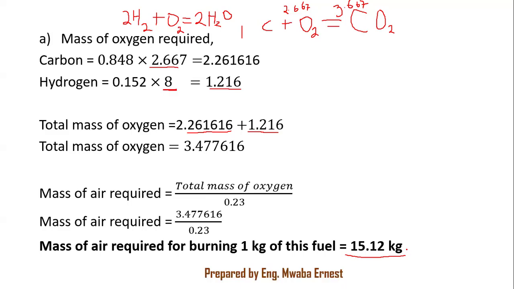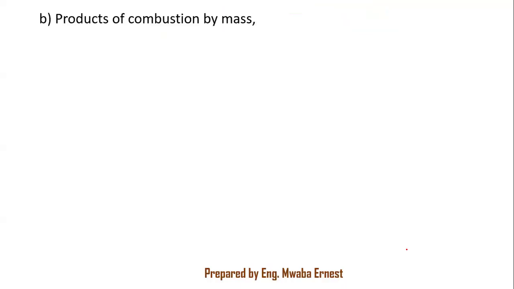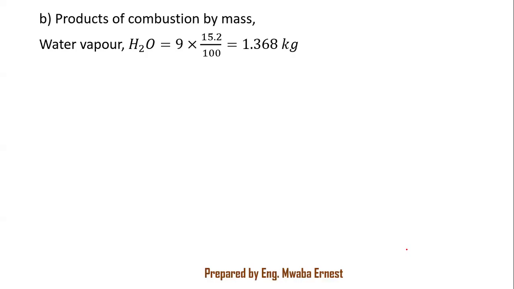Let's go to analyzing the products of combustion by volume. Before we can get there, let's analyze them by mass. First, water vapor, which is H2O. We said the complete combustion of hydrogen to water vapor produces 9 kg of water vapor.